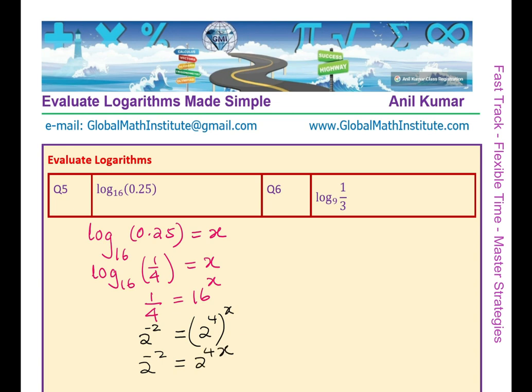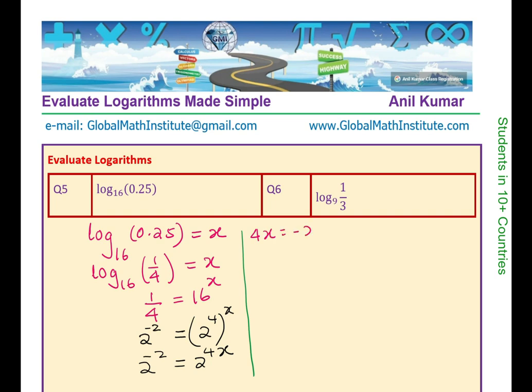Perfect. Now you see we have the same base. That means 4x is minus 2. Or x is equal to minus 2 divided by 4. x is equal to minus half. So we get this answer as minus half.